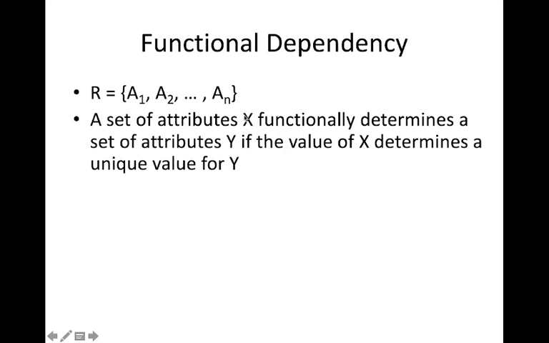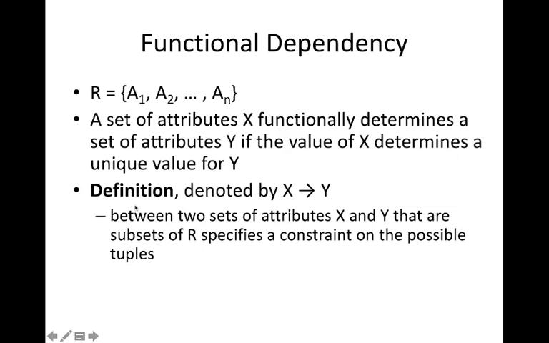So a set of attributes X functionally determines a set of attributes Y if the value of X determines a unique value for Y, or we can say that Y is functionally dependent on X. If we say from X to Y, we say X functionally determines Y, and conversely, we can say Y is functionally dependent on X. It is denoted by X arrow Y, X to Y. So this means Y is functionally dependent on X, or X functionally determines Y.